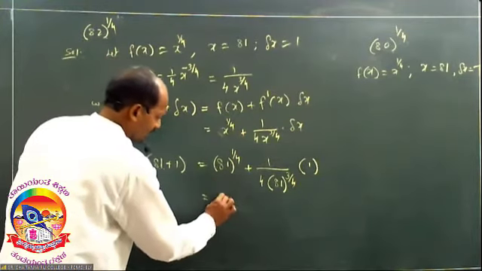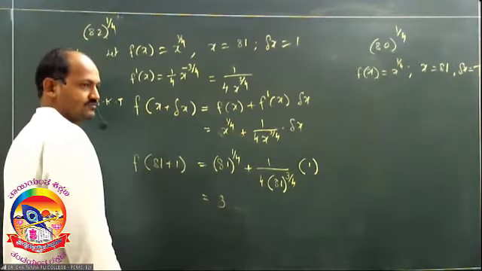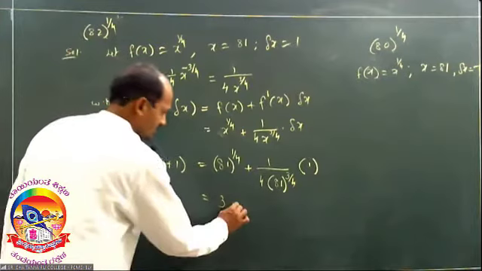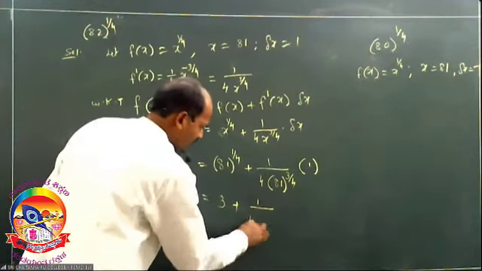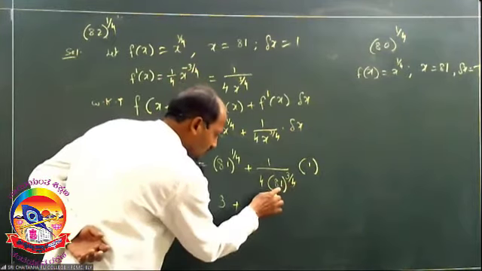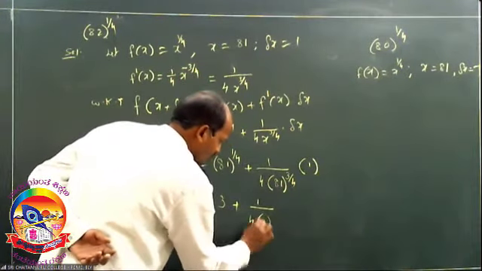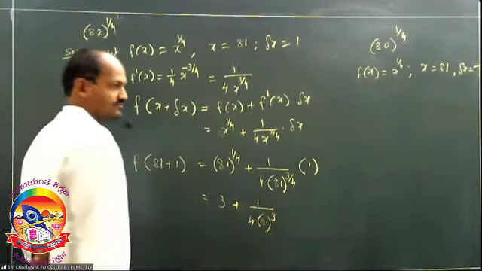Fourth root of 81 is 3, plus 1 divided by 4 into fourth root of 81, which is 3, whole power 3.